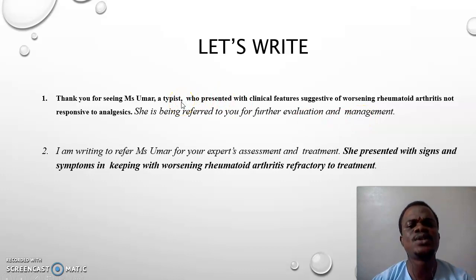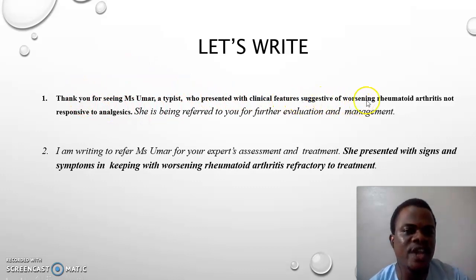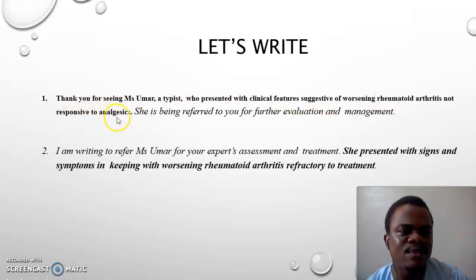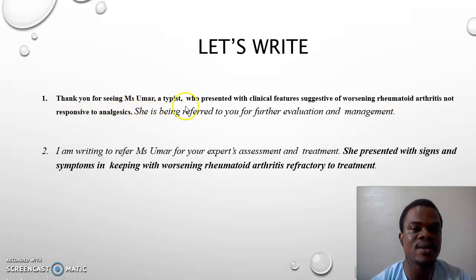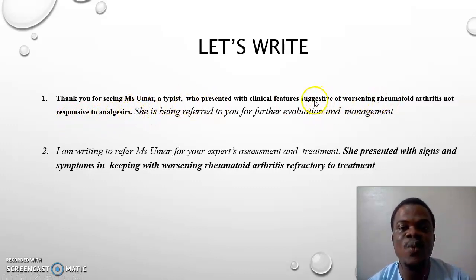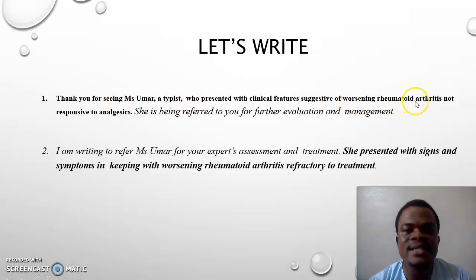Now, my introduction has 2 sentences. The first sentence described what I've done for the patient, that the patient has been on analgesics and is not responsive to analgesics. What the patient presented with, or what I'm managing this patient for, is worsening rheumatoid arthritis. Why am I referring this patient?